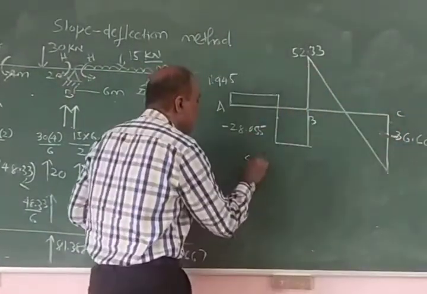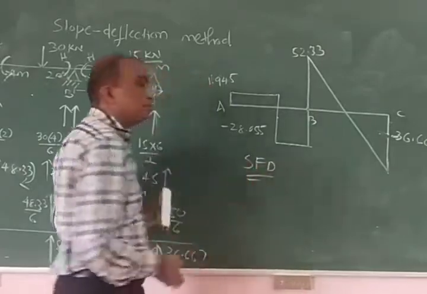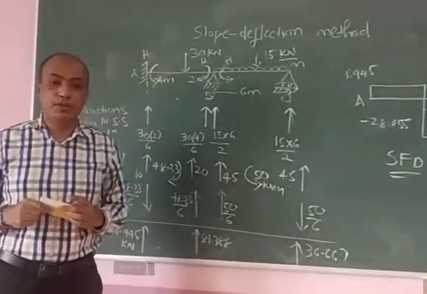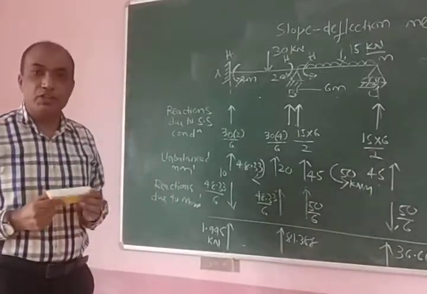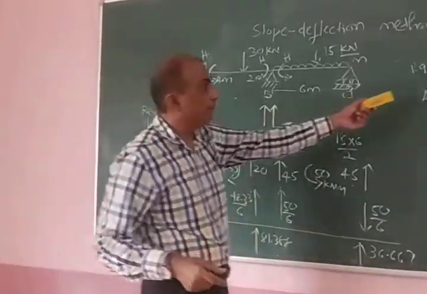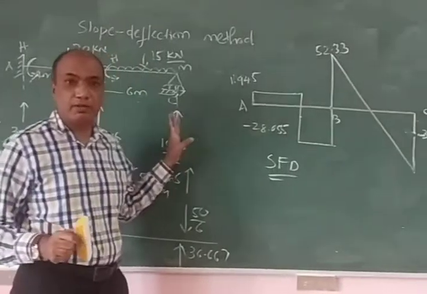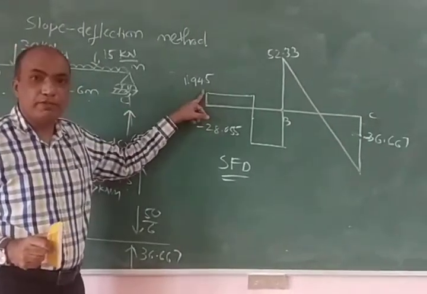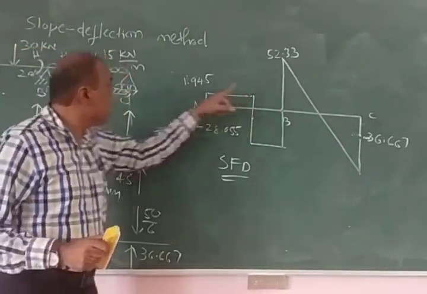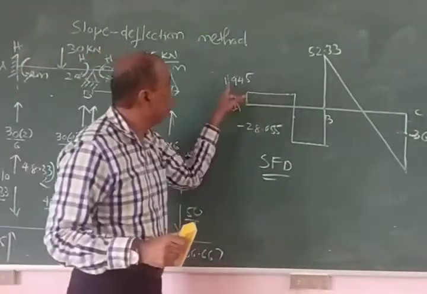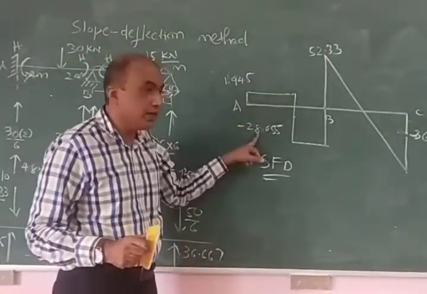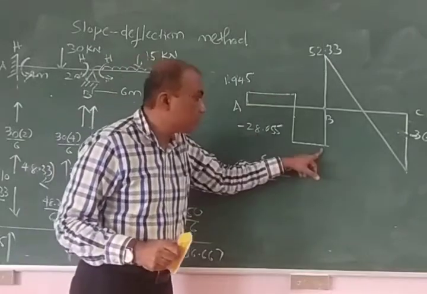So this is your shear force diagram. I hope you have understood the concept of drawing the shear force diagram. Look here once again, because this is very important. Starts with 1.945 positive, remains constant up to 30. Sudden drop of 30: 1.945 minus 30 is minus 28.055, remains constant.